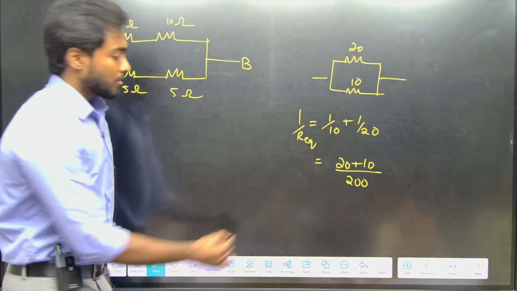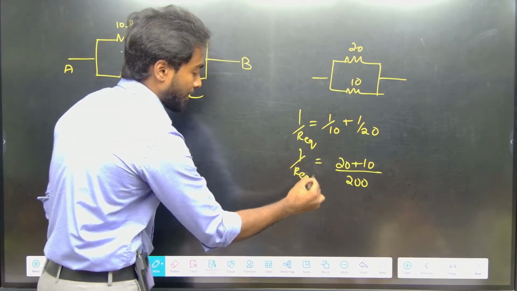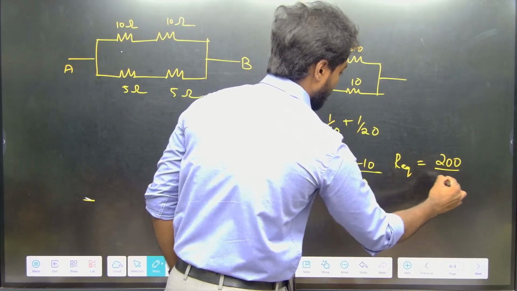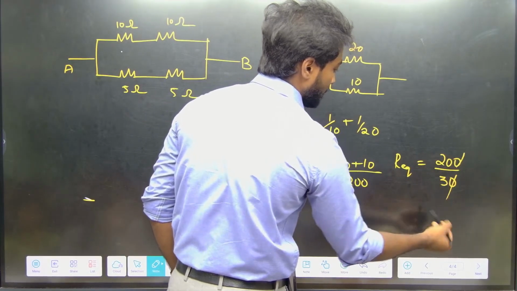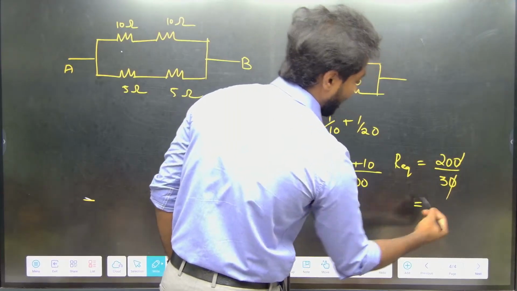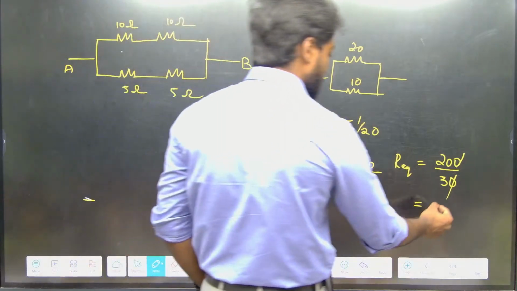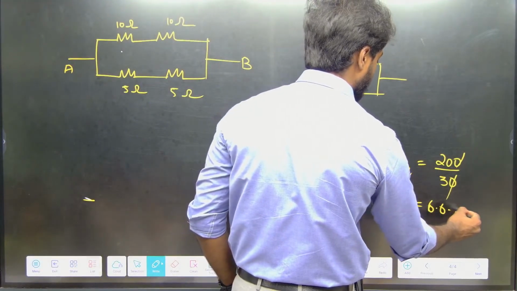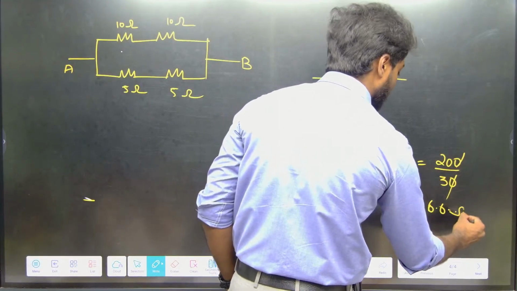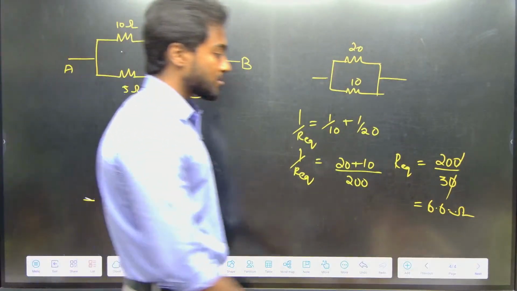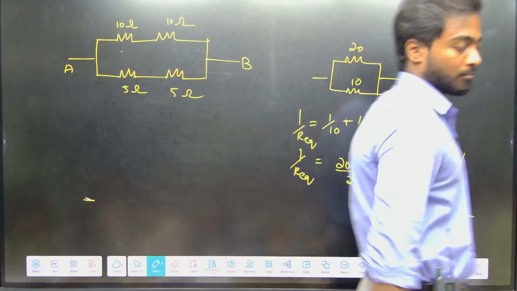So R equivalent will be 200 by 30, and the 10s get cancelled off. So 6.6 and it will go on. So 6.6 ohms, 6.67.